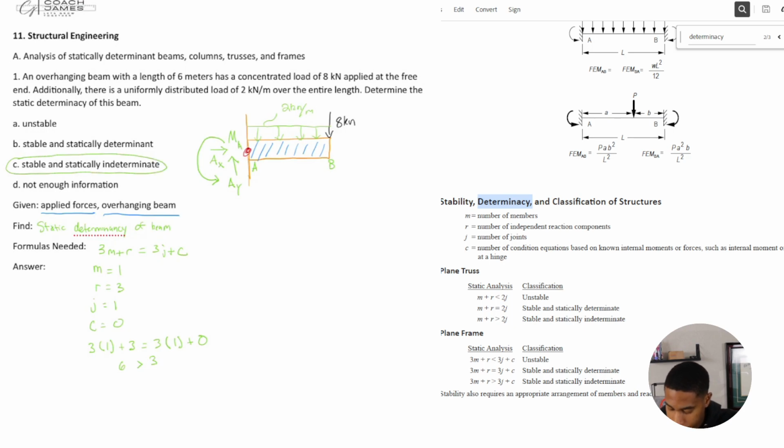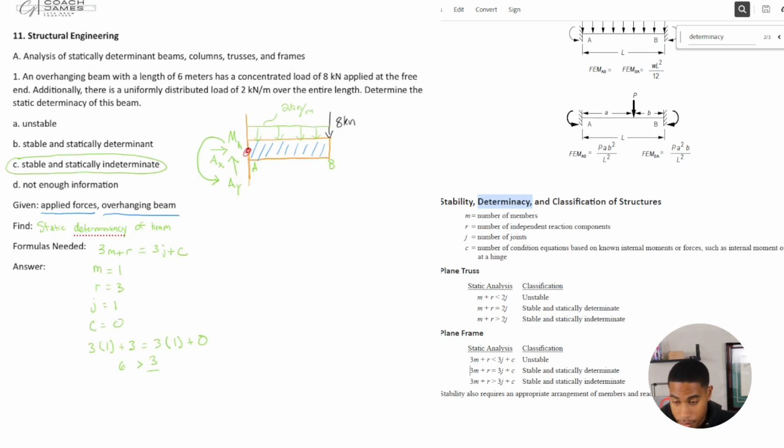Now, there's a few other things that you want to make sure that you know, right? Sometimes they'll ask you, to how many degrees is it statically indeterminate? For this side, it's 3.